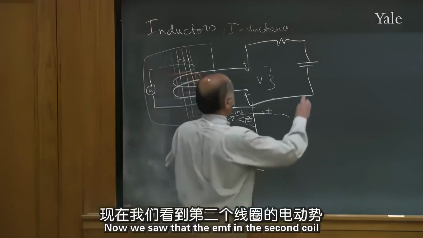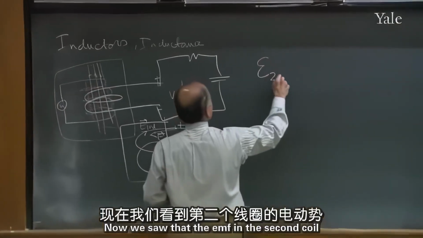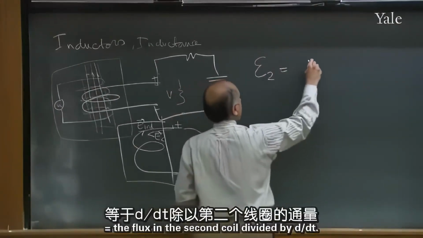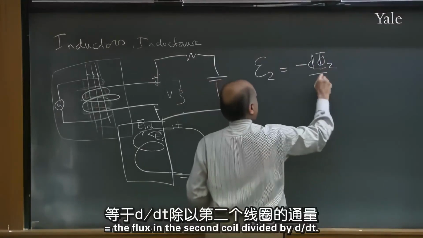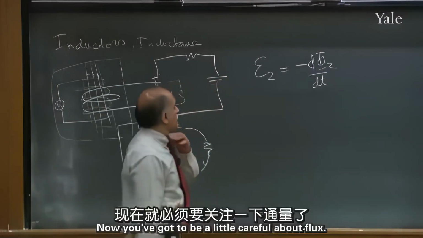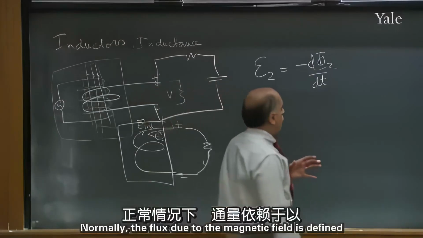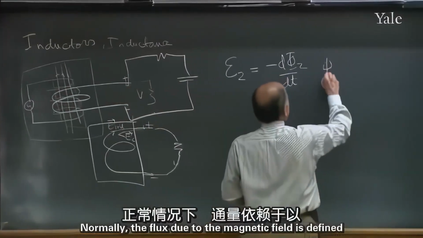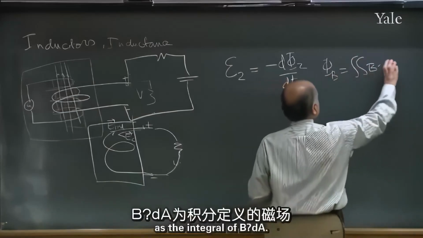Now, we saw that the EMF in the second coil is equal to the rate of change, d by dt, of the flux in the second coil. Now you've got to be a little careful about flux. Normally, the flux due to the magnetic field is defined as the integral of B dot dA.